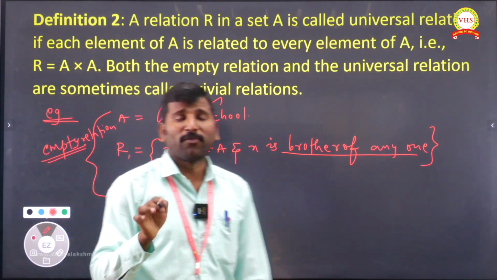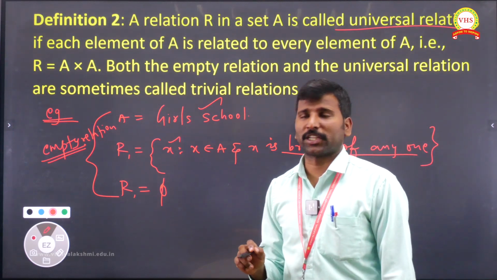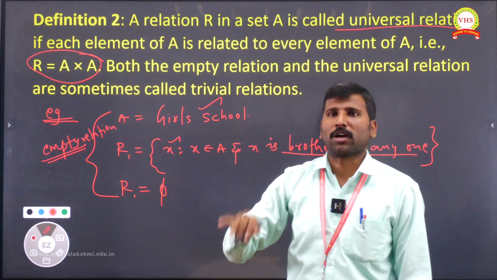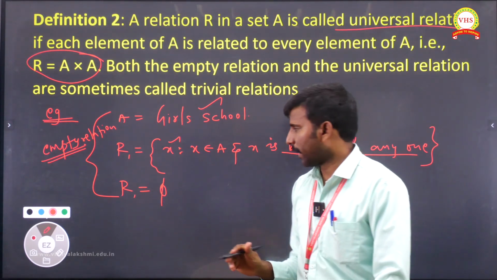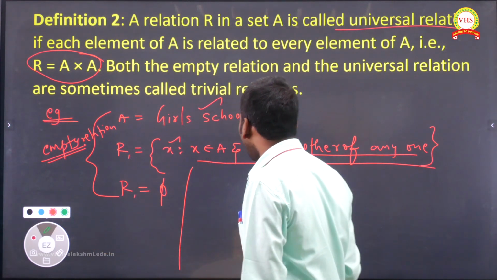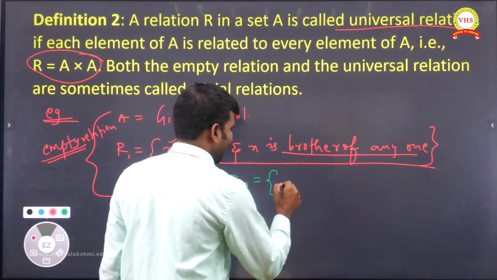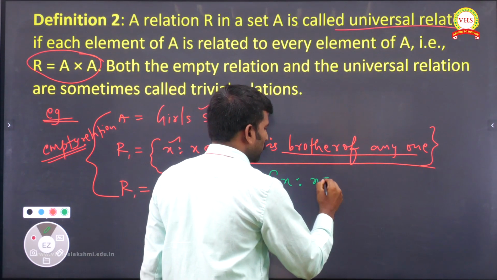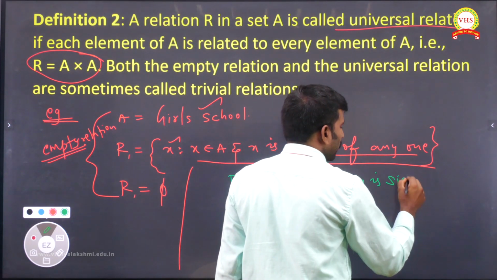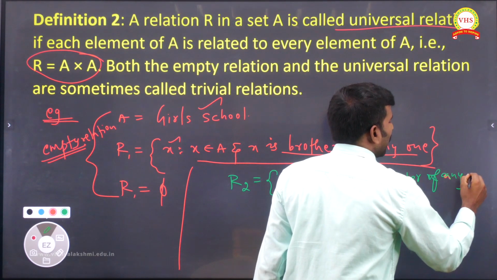Now an example for a universal relation. Universal relation in the sense I said, R is equal to the full Cartesian product. Then what is the example we'll take? R2 is equal to X such that X belongs to A and X is a sister of anyone.